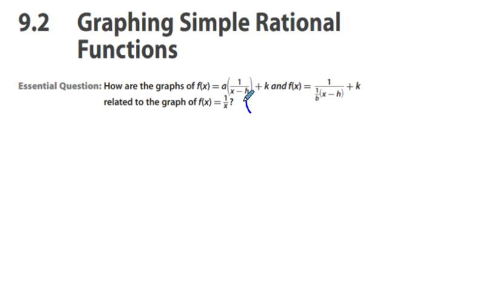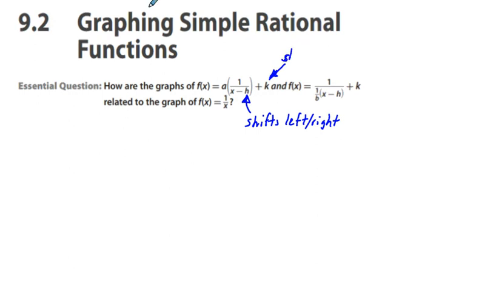Again, this h shifts the parent function left and right, and this other value, k, shifts it up and down.